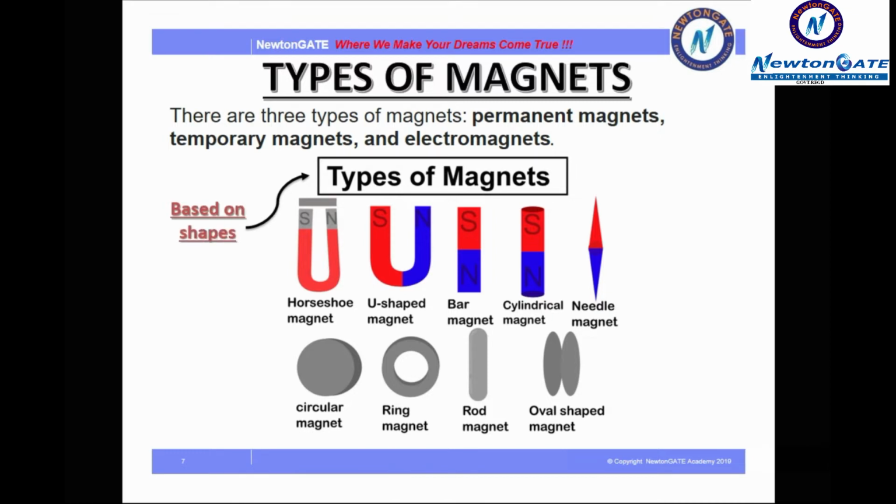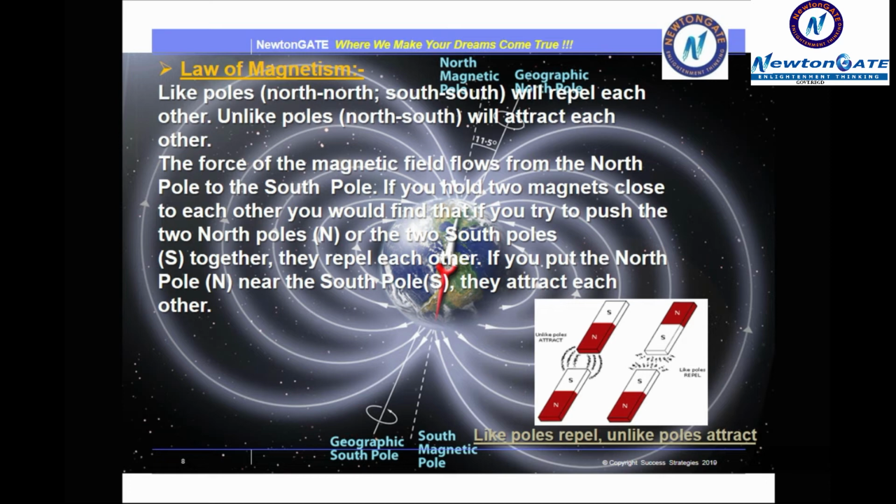Now comes the laws of magnetism. The law of magnetism states that like poles will repel each other and unlike poles will attract each other. What are like poles? It's very easy: north and north, or south and south. The force of the magnetic field flows from the north pole to the south pole.